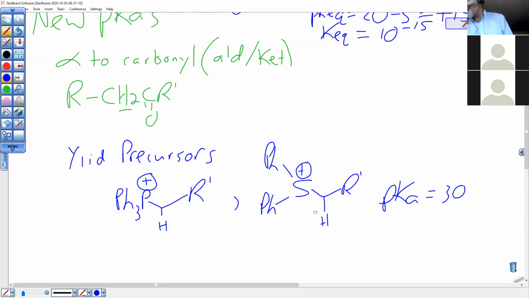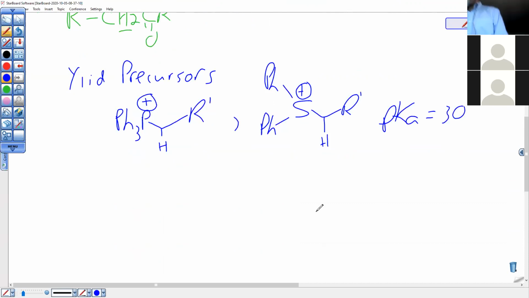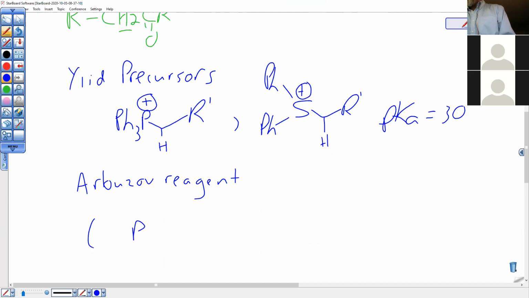And we had the Arbuzov reagent. And it was a phosphite ester, RO, two of those, double bond.